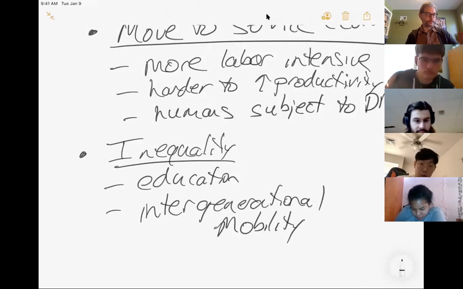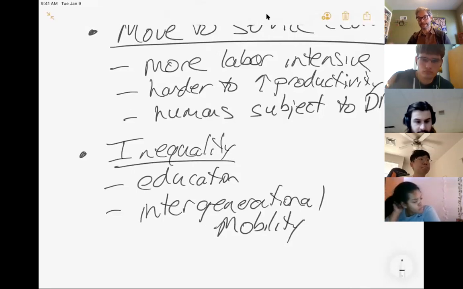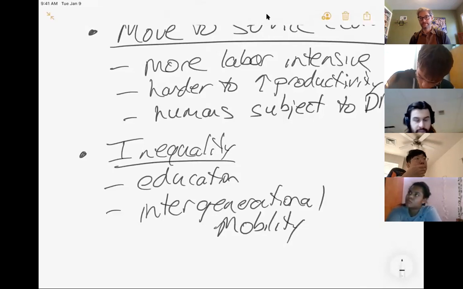One of the more shocking facts of economic inequality is this: do you know that in the United States, the correlation between a parent's height and a kid's height is lower than the correlation between a parent's income and a kid's income? Income is more highly correlated than height across generations in the United States.